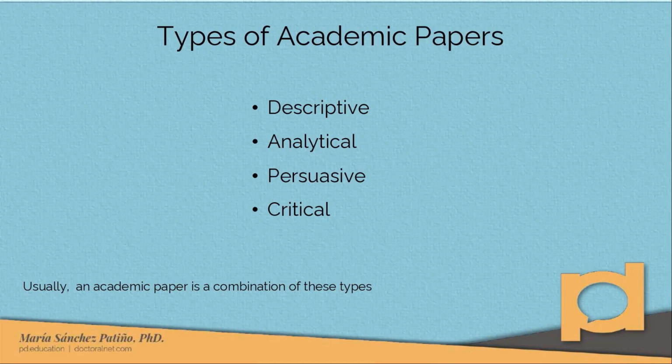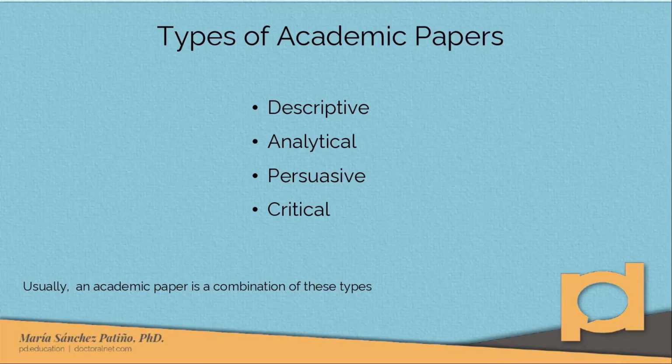Why? Because papers which are written solely as one of the types mentioned are not as common as the combined ones. Different kinds of text are usually combined into just one unit that we call a paper, that takes readers from the level of description to the highest one of critique of claims and evidence.